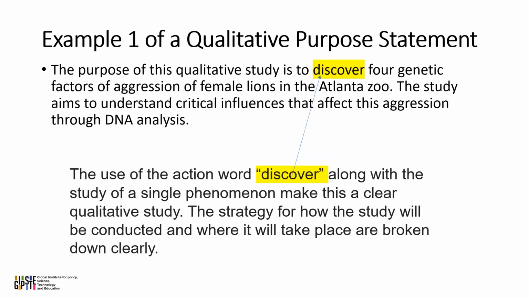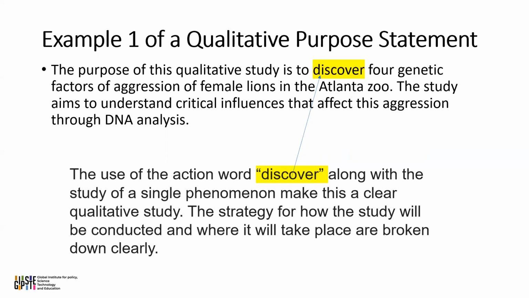Let's look at some examples of a qualitative purpose statement. First example: the purpose of this qualitative study is to discover 4 genetic factors of aggression of female lions in the Atlantic Zoo. The study aimed to understand critical influences that affect this aggression through DNA analysis.